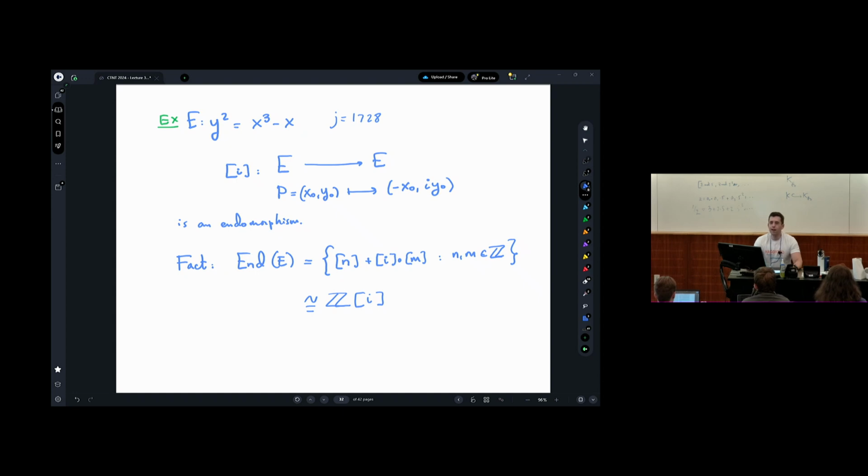Well, this one as a representative of the entire family of elliptic curves with j equals 1728. Their arithmetic turns out to be quite complicated once you get into the weeds of it. But it's really interesting that it has an extra endomorphism, which is multiplication by i. So multiplication by i, if I take a point on this elliptic curve, I can send it to minus x naught, comma i y naught.